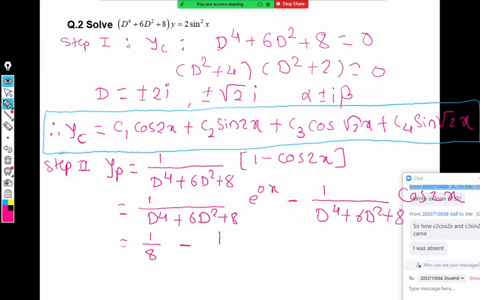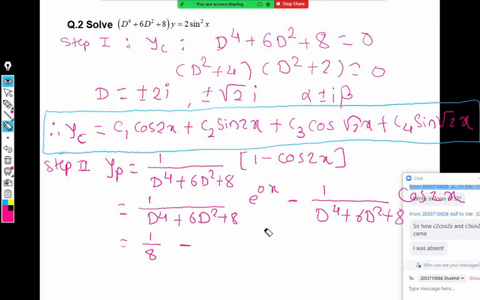What about the second part? We should replace d square by minus 4. So minus 4 into minus 4 is 16, then minus 24 plus 8. What happens? It becomes 0, sir. It becomes 0, so what should be done?